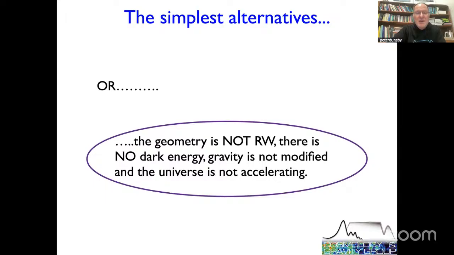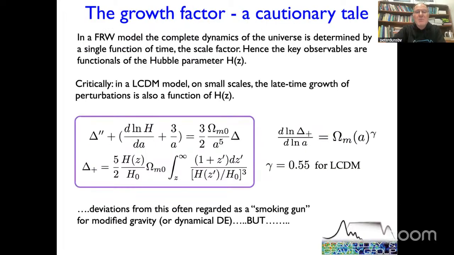And it kind of brings to the fore a very important point, which was pointed out by myself and Jean-Philippe Uzan and others, that the well-known smoking gun for dynamical dark energy or modified gravity is the growth factor gamma.